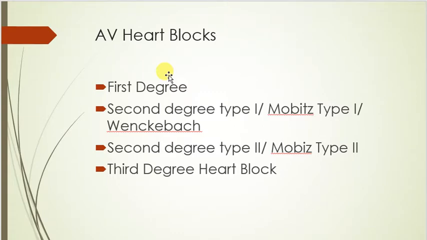You don't really need to know this for NCLEX, but just be aware that sometimes we as RNs, if you move past LPN to RN, are in control of the pacemaker, and it can be troubleshot. So we'll talk about AV heart blocks: first degree, second degree type 1 and type 2, and third degree heart block. These are not in your book, but it's also very good to know, and you'll see why.